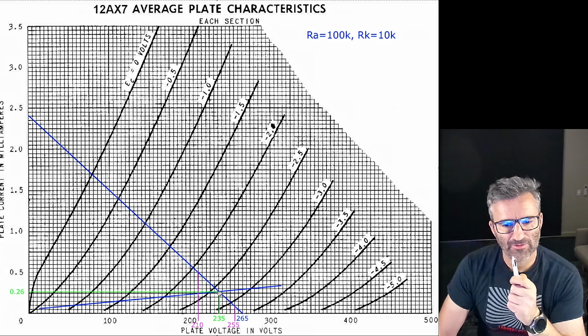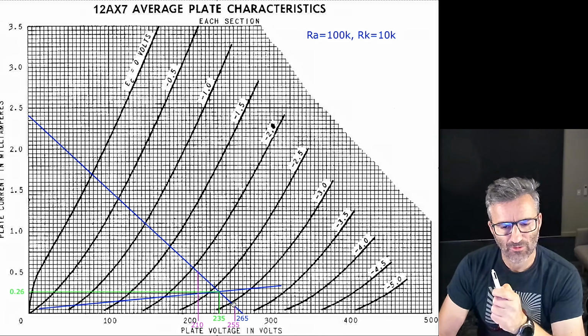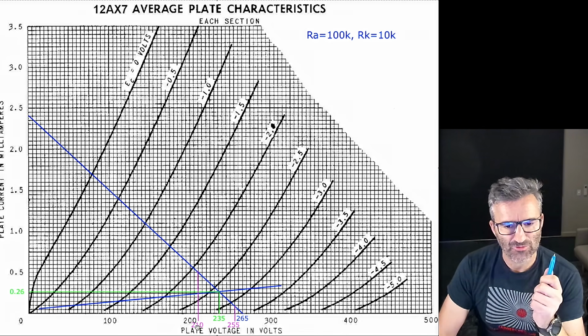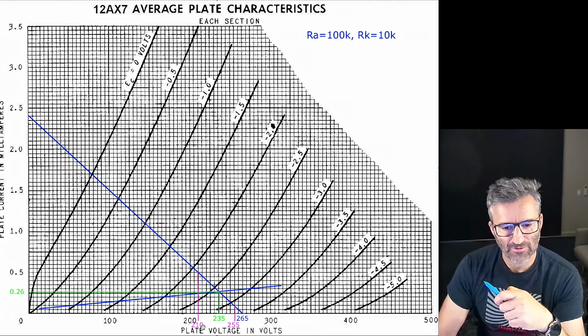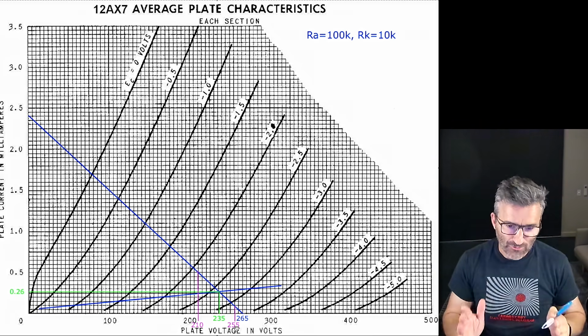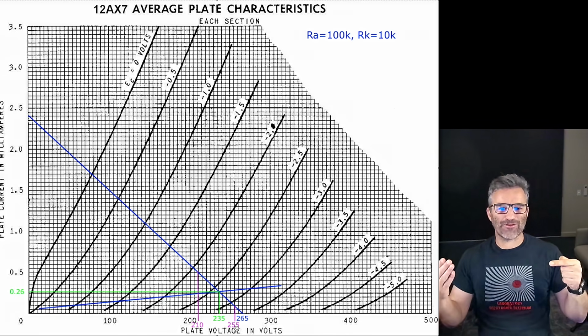Here's our midpoint. So we're going to go half a volt this way, half a volt that way. Then the voltage swing we're getting from this 10K cathode is 255 volts to 210. You can mark it out on the graph. In other words, a voltage swing of 45 volts. In other words, 1 volt in, 45 volts out.